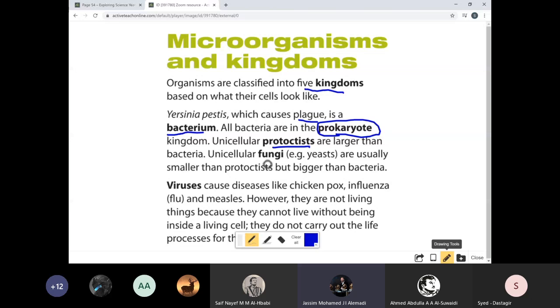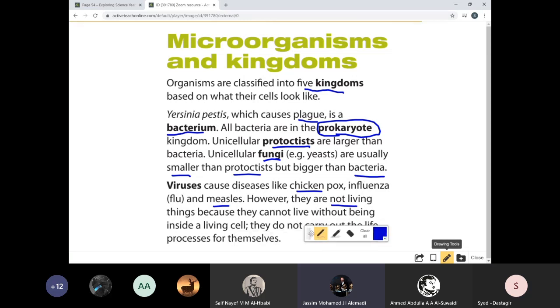Unicellular fungi, for example yeasts, are usually smaller than protists, but bigger than bacteria. Viruses cause diseases like chickenpox, influenza, flu, and measles. However, they are not living things because they cannot live without being inside a living cell.